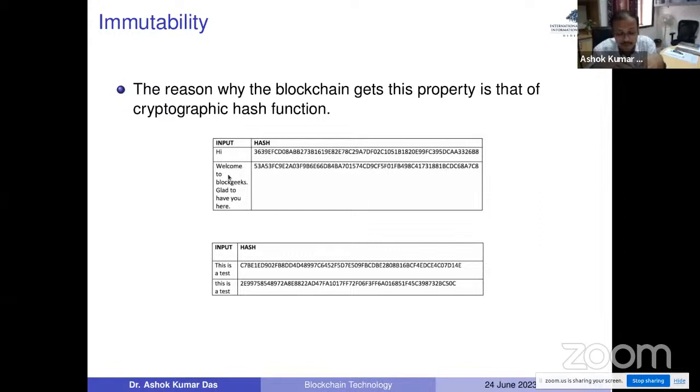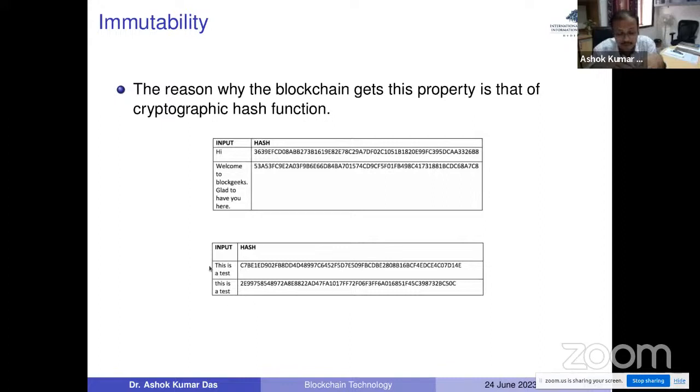In the next example, for "welcome to Block Geek, glad to have you here," the hash output will be like this. Now let us look at another interesting example. If I give the input "this is a test" and run SHA-256, the hash output will be like this.